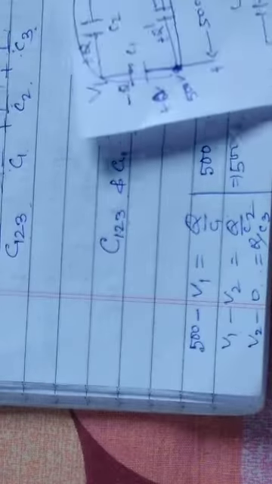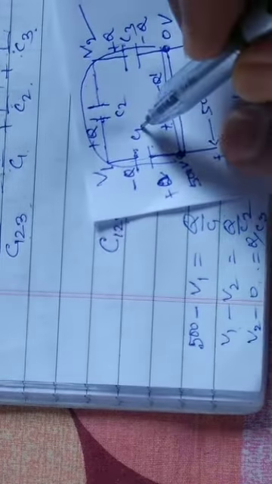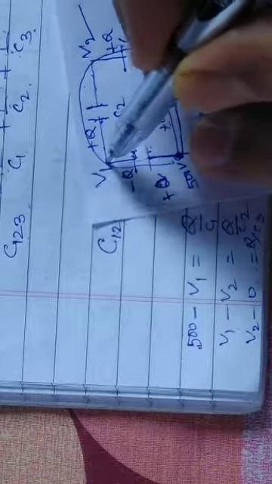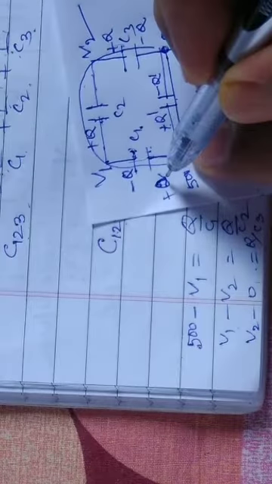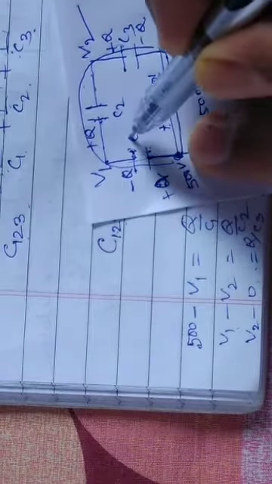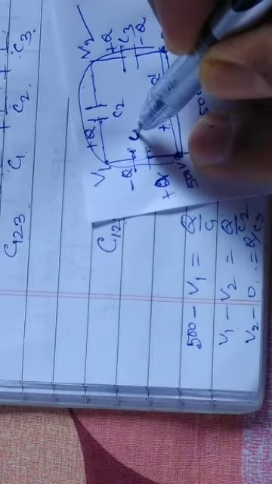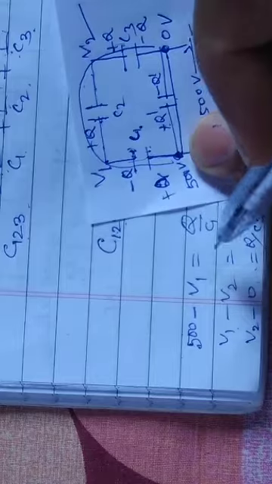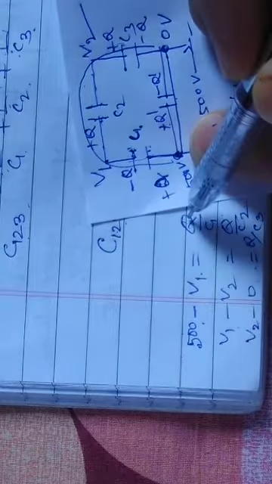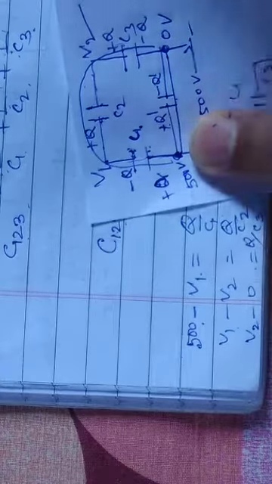Now for capacitor C1, what can we write? The potential difference between the plates is 500 minus V1. Its charge is Q and C1 is its capacitance. We know that Q is equal to CV, so V is equal to Q by C. So we can write 500 minus V1 is equal to Q by C1.